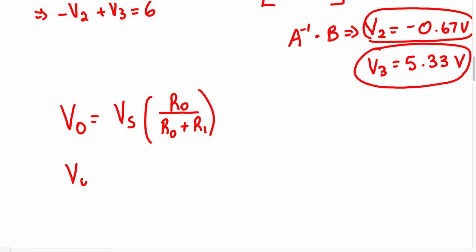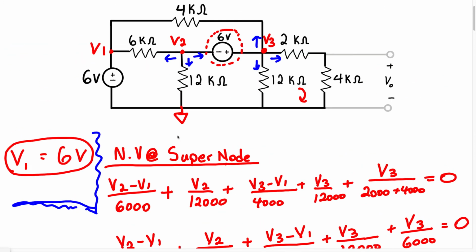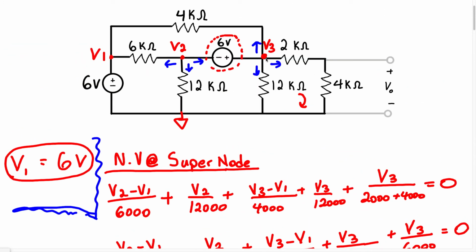VO, which is the voltage they want us to find, equals VS, which is the source voltage, right? So we know the source voltage is going to be the total voltage in this particular branch. Now we don't know the voltage at this 4K resistor or this 2K resistor, but we know the voltage at node 3. If we know the voltage at node 3, this is going to be our source voltage, because this voltage at node 3 is going to be the sum of these two resistors' voltages.